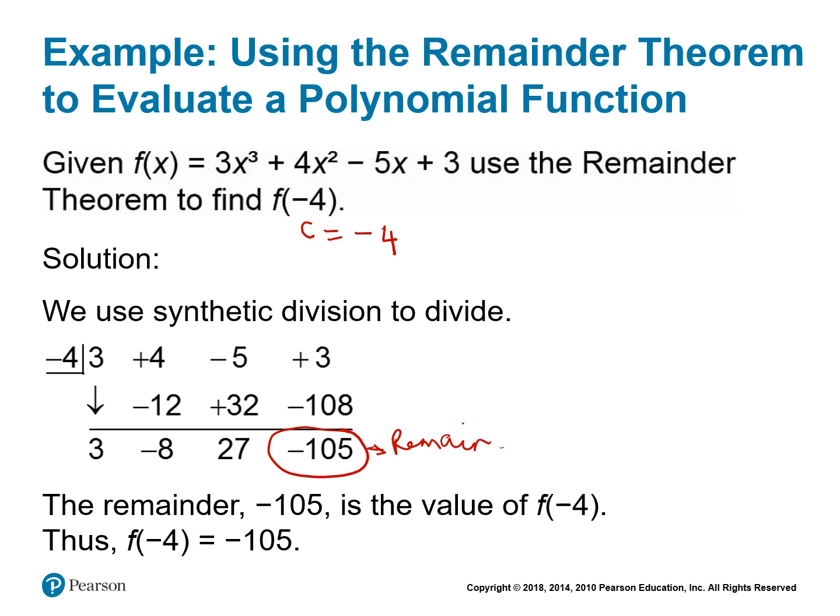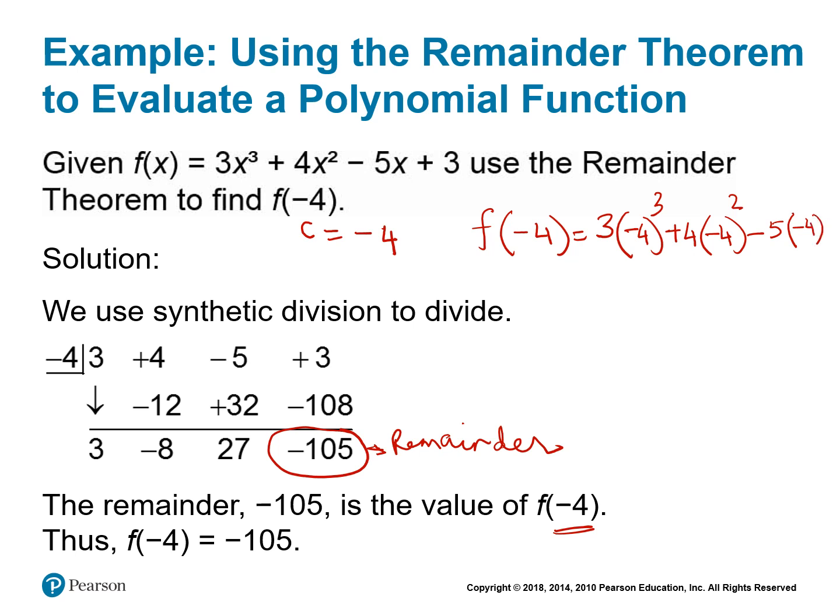And by the remainder theorem, f of negative 4 means if we evaluate this function by replacing the x with negative 4, negative 4 cubed plus 4 times negative 4 squared minus 5 times negative 4 plus 3, we should get an answer of negative 105.